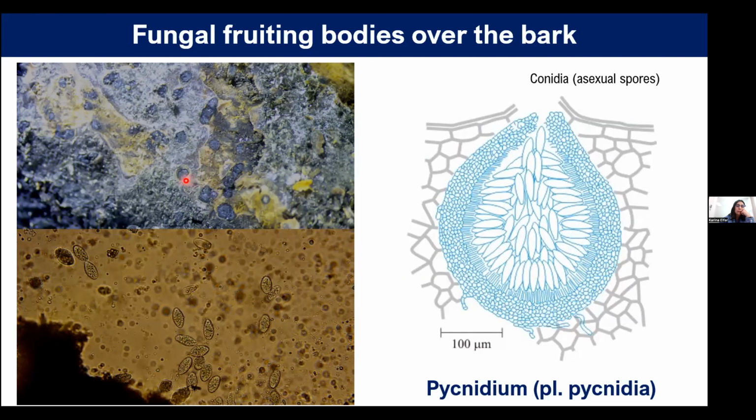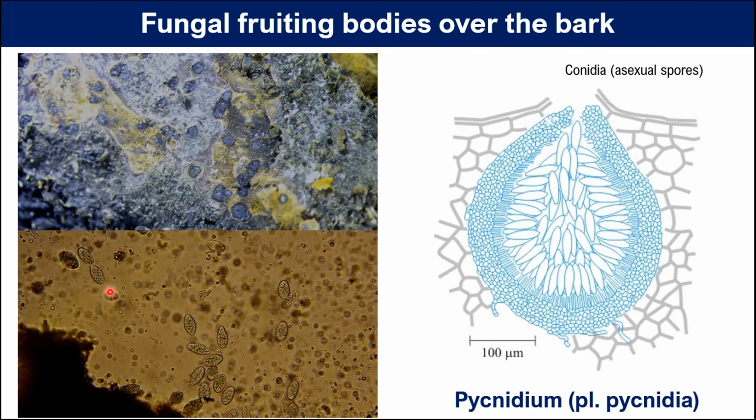That is one asexual reproduction structure that they can produce, where inside they have all these conidia. Those conidia are the source of inoculum that can start an infection in a tree.